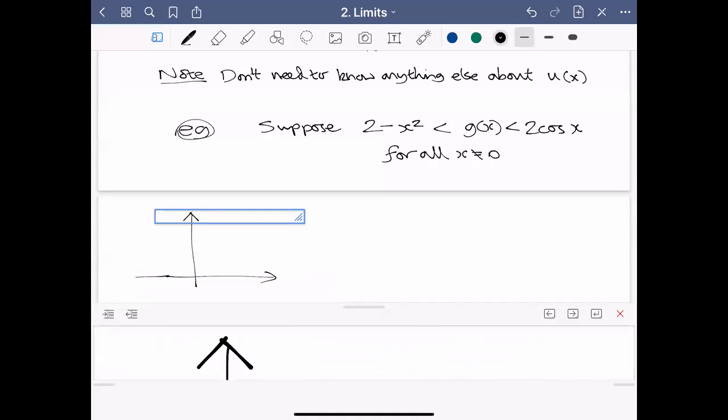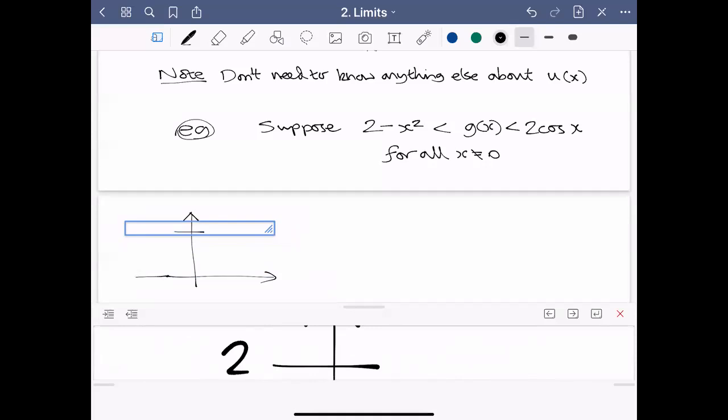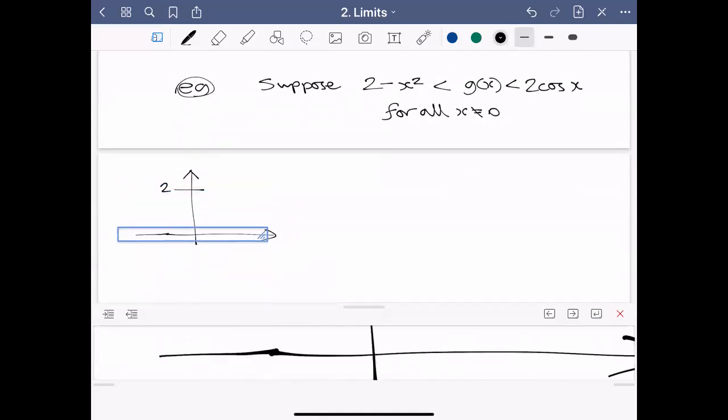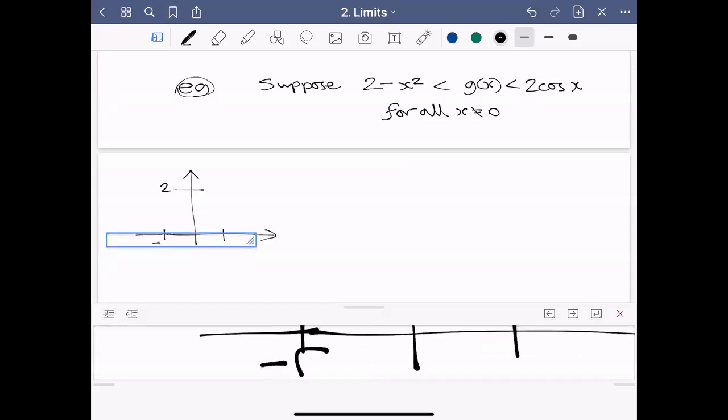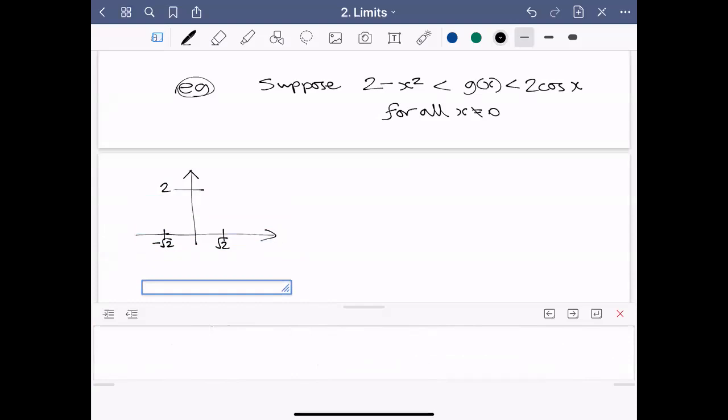So for 2 minus x squared, the y-intercept is 2. And what are the x-intercepts? They are given by plus or minus root 2. So let's draw that.